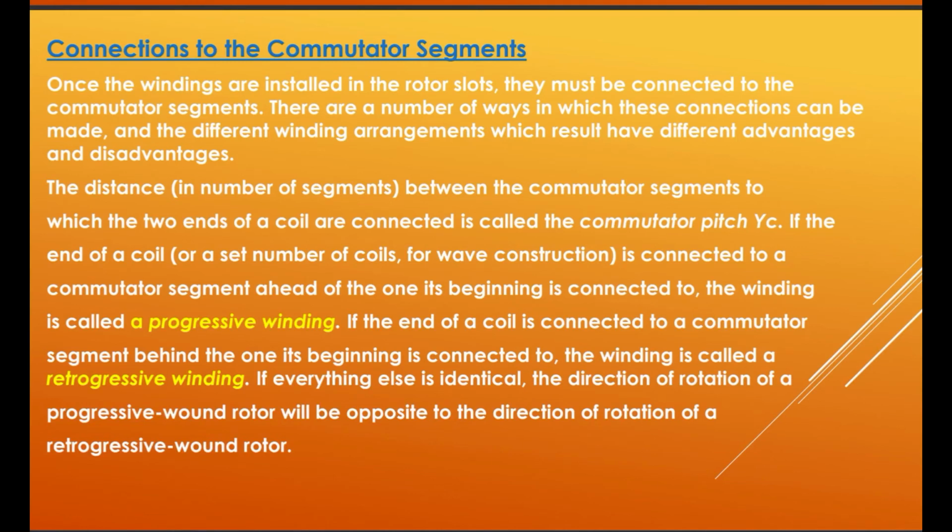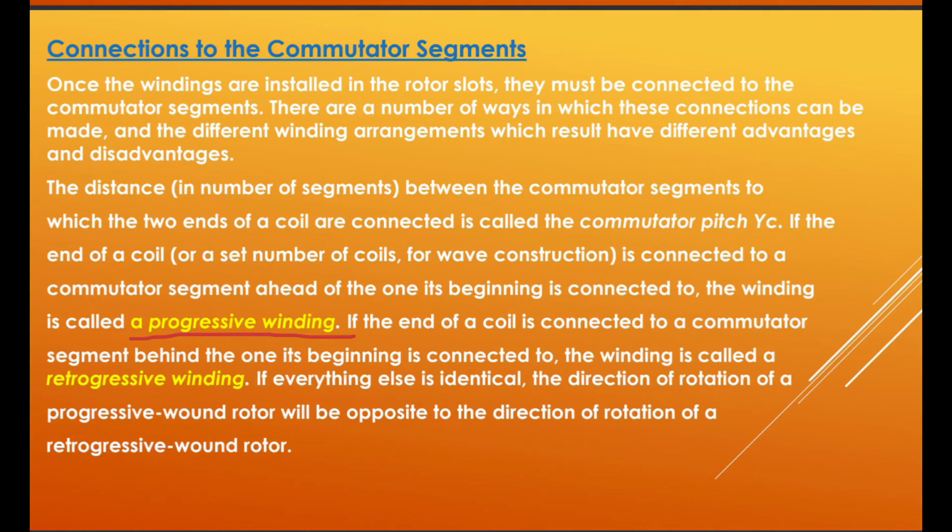If the end of a coil, or a set of coils for wave construction, is connected to a commutator segment ahead of the one its beginning is connected to, the winding is called a progressive winding.